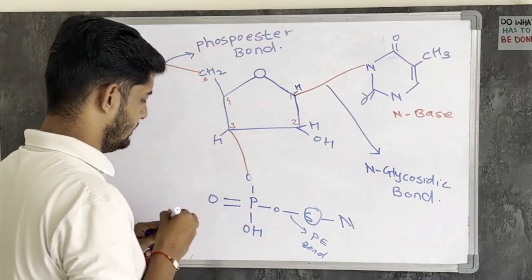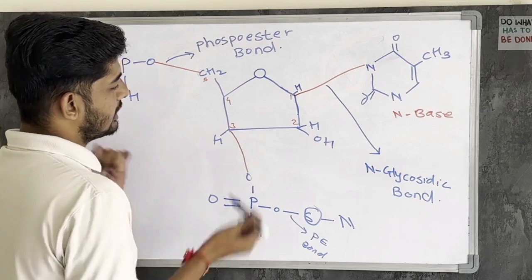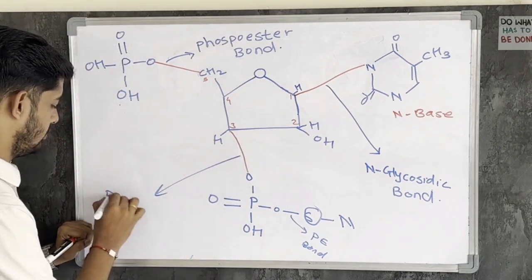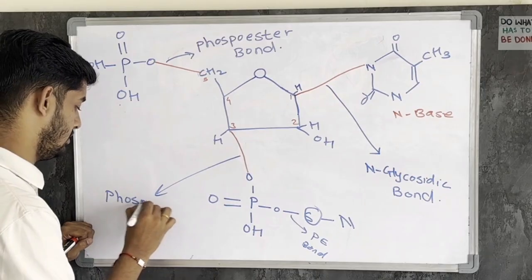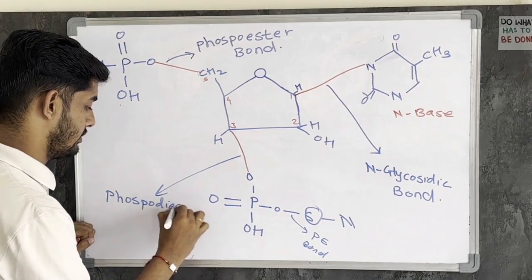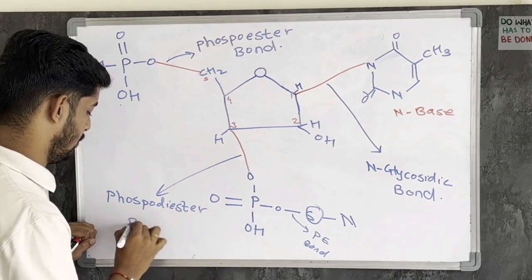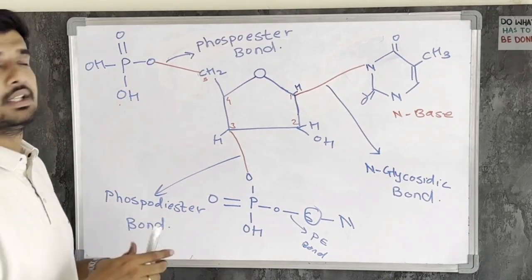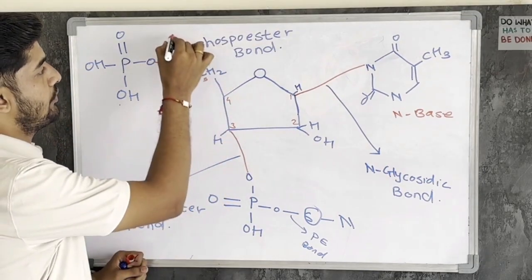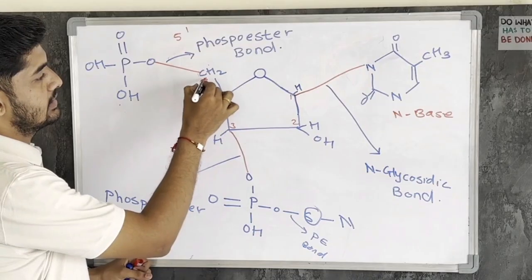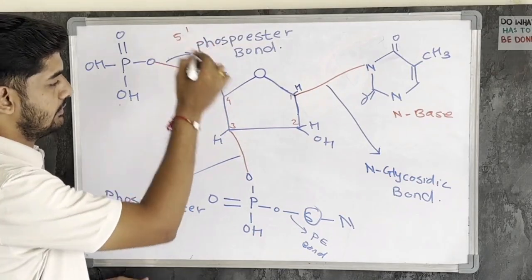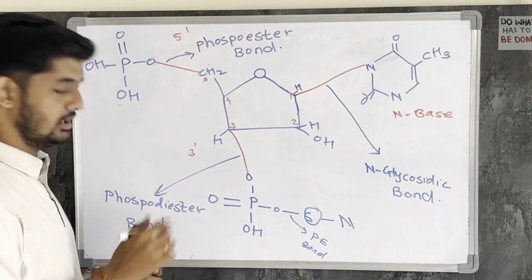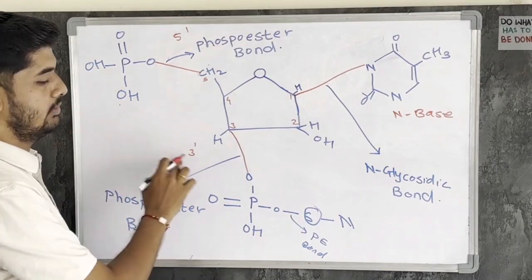It forms the bond between the oxygen and the third carbon. This is the 5' end, as this fifth carbon is here, and this will be our 3' end.